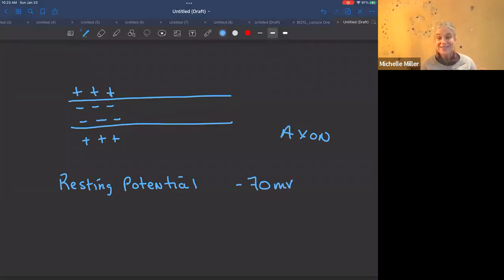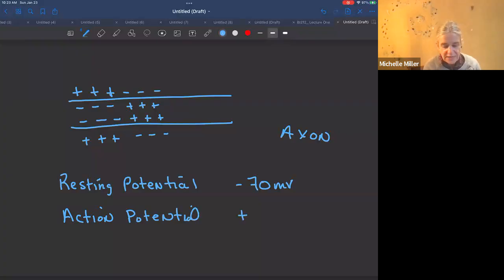Now, occasionally something happens and this changes. It actually reverses. And then we get a positive charge on the inside and a negative charge on the outside. So this is what is referred to as an action potential, and this is an impulse.